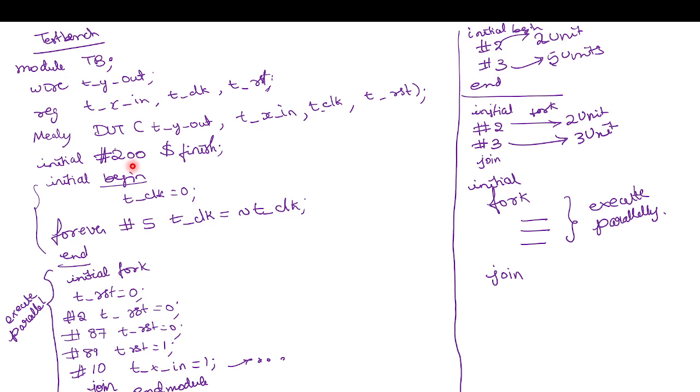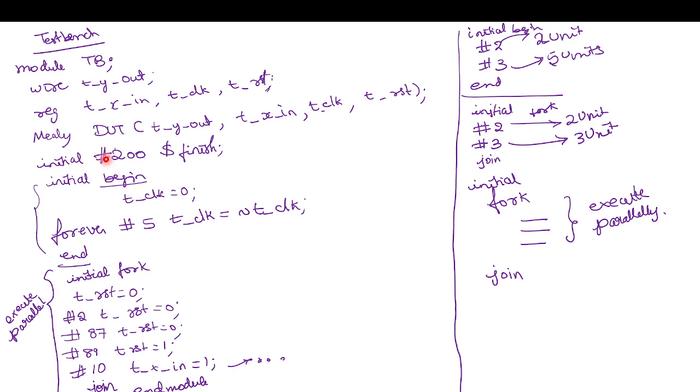After 200 units of time, I want to complete this simulation. I want to terminate the simulation. Initial begin, initially I am assigning clock to be 0. And then forever, I am making the clock toggle at 5 units of time. Forever should be inside the initial begin block.